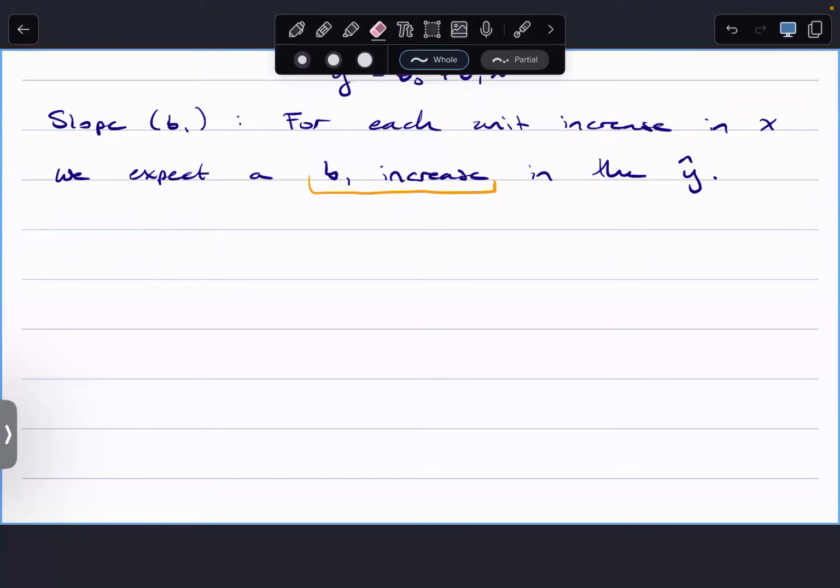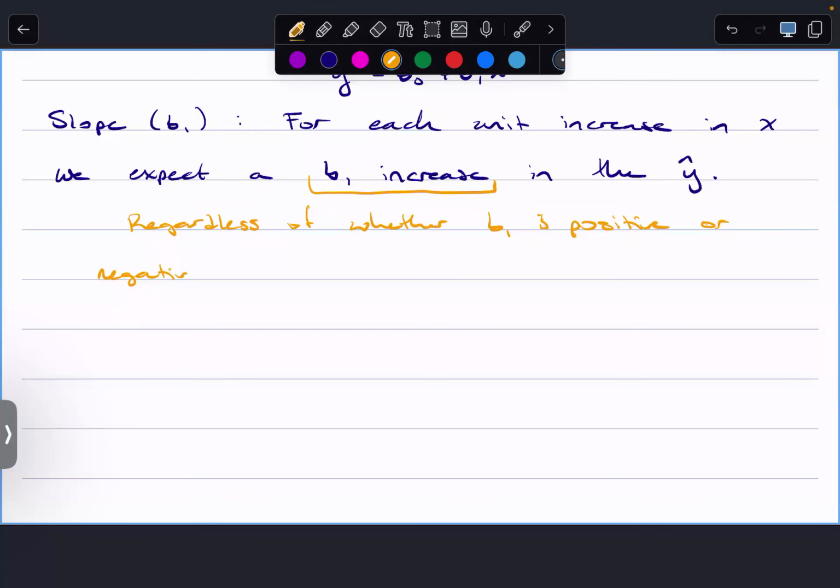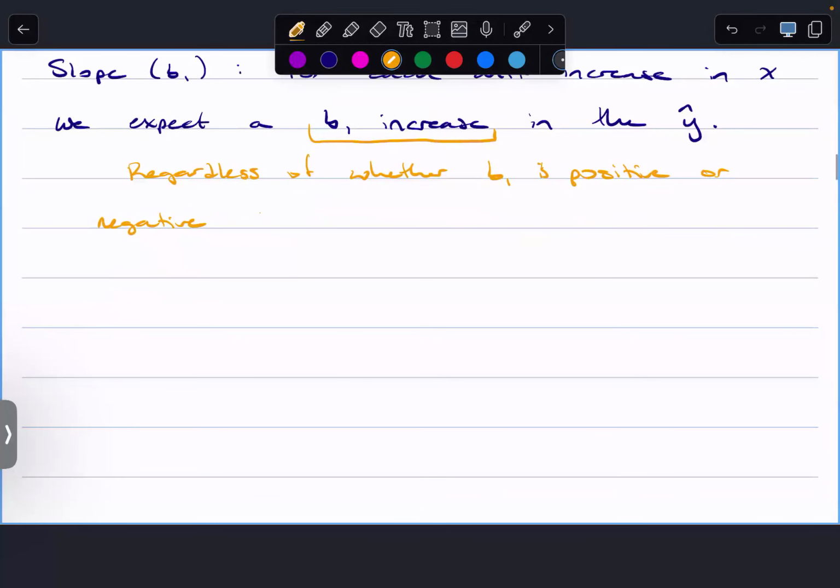Regardless of whether B1, so the slope, is positive or negative, I always say increase. All right.